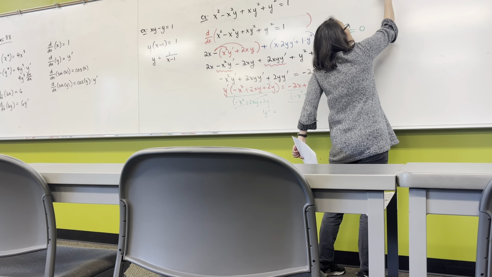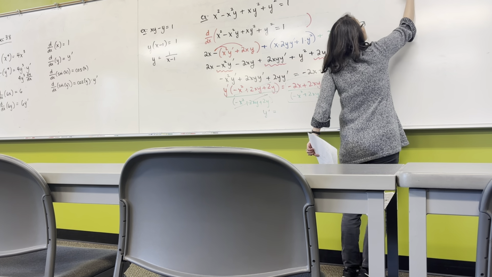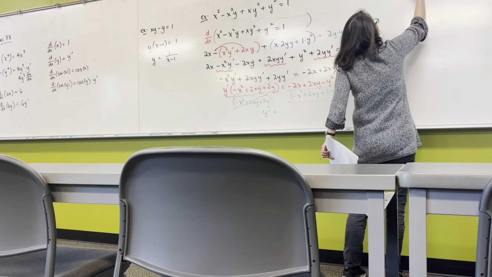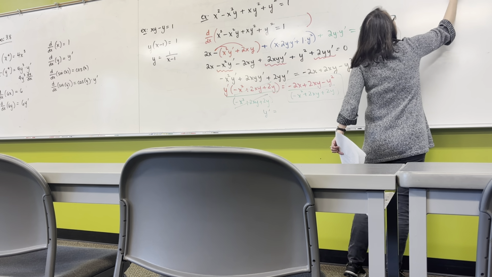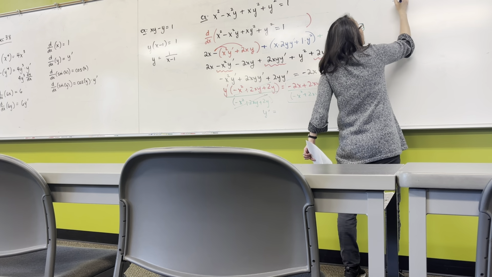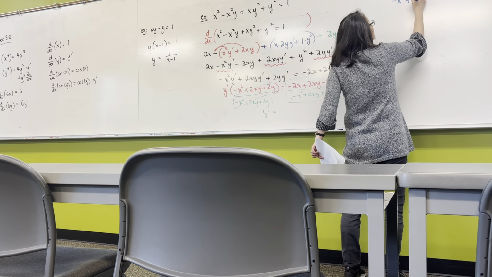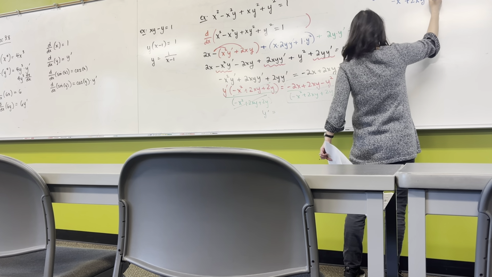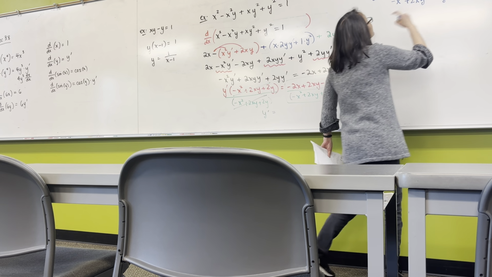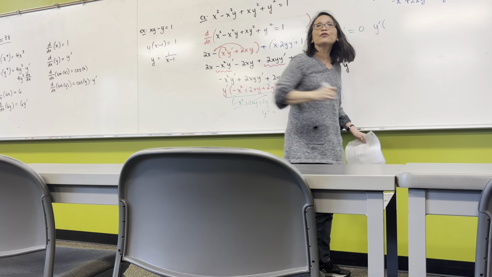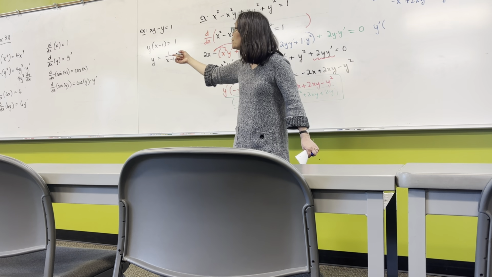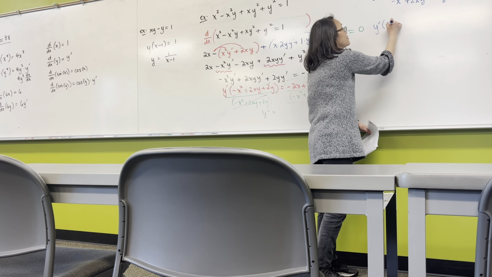Our derivative we already found out was this: minus 2x plus 2xy minus y squared over minus x squared plus 2xy plus 2y. That's our derivative. Now you have to evaluate the derivative at the point that we asked about, at the point 1, 0.